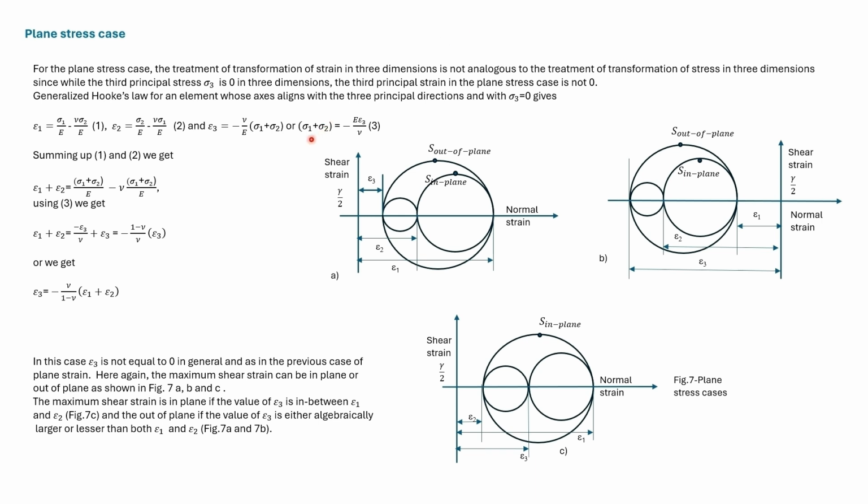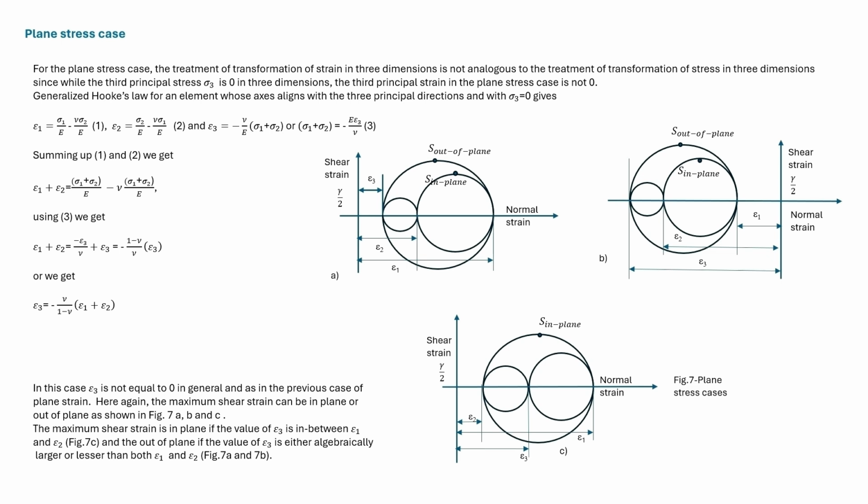Earlier we obtained a relation of sigma 1 plus sigma 2 in terms of epsilon 3. So we substitute that relation to get a relation between epsilon 1 plus epsilon 2 and epsilon 3. So using this relation, we can obtain the third principal strain.